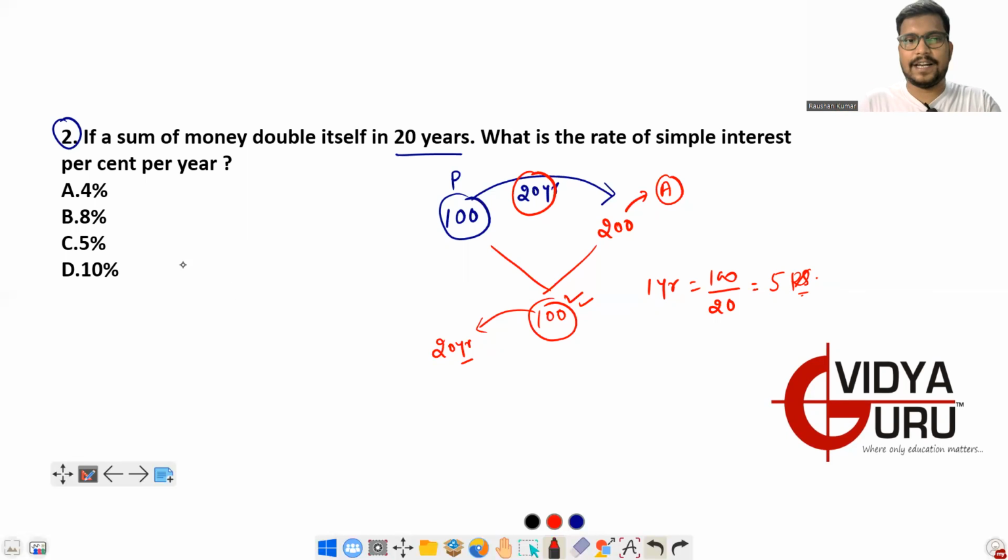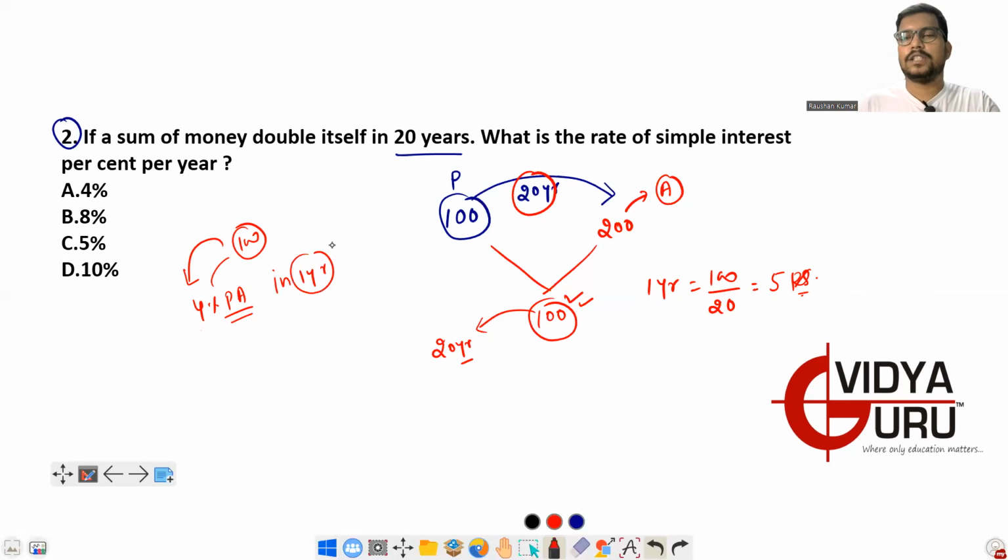Let it be, if I've taken 4% per annum, then out of 100 we are getting 4 rupees, and per annum means in 1 year.